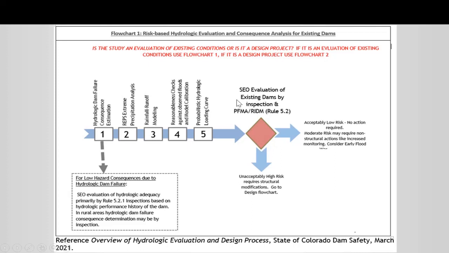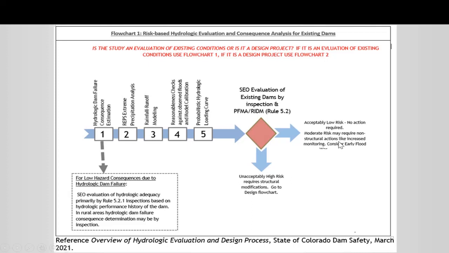hydrologic risk analysis, or risk-informed decision-making, where the State Engineer under Rule 5.2 determines if the dam is hydrologically adequate. Okay, so if the risk is acceptably low, no actions required. It's good. It's an acceptable risk under industry standards.